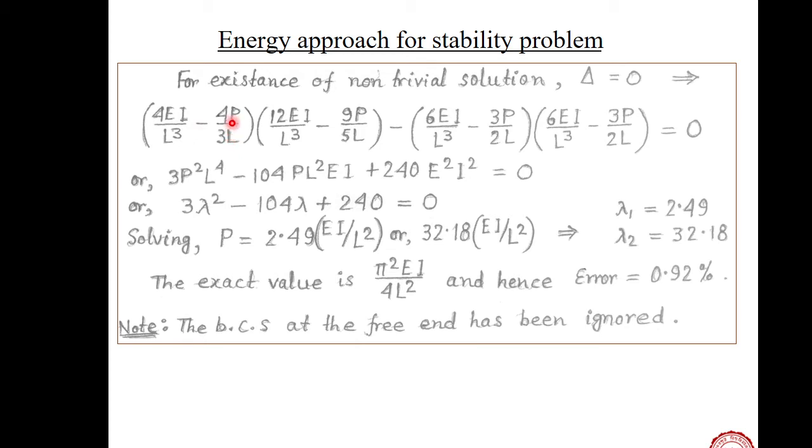We will get some lambda here, and that lambda part is a quadratic. Here we have a lambda, here we have a lambda. The solution of this quadratic equation will give two roots. The first one is 2.49, and then this is the second one. These two are the buckling coefficients for the first mode of buckling and the second mode of buckling.